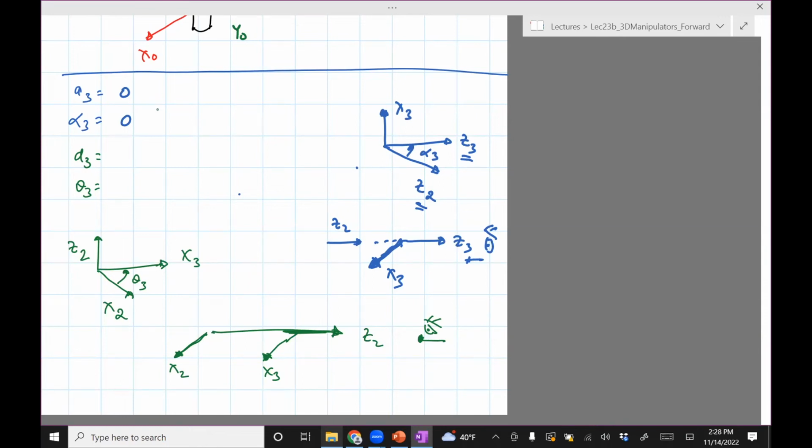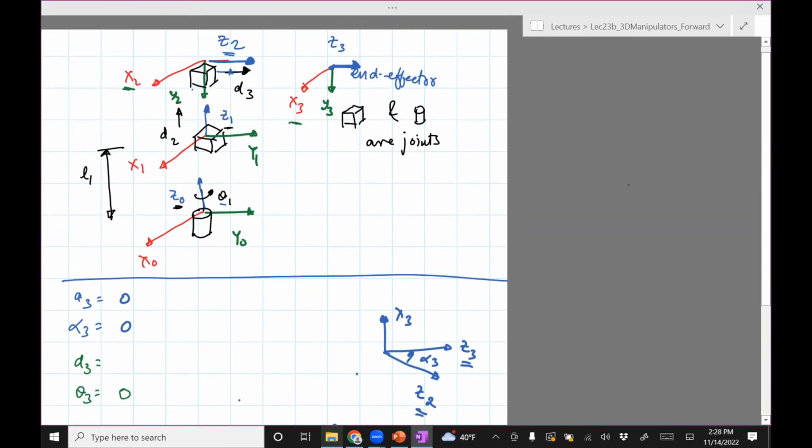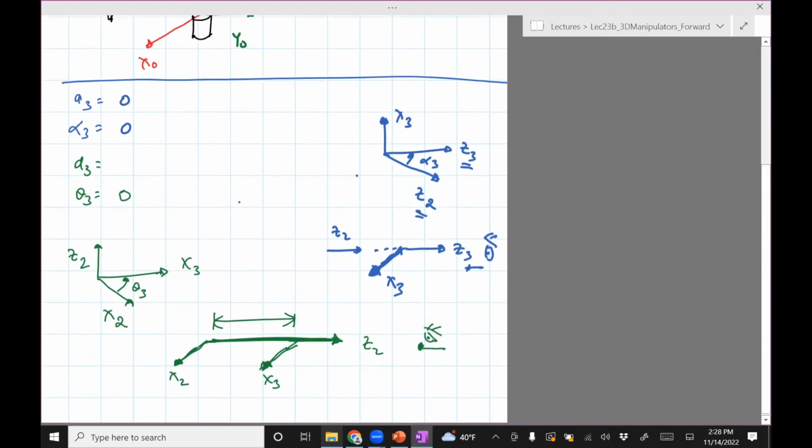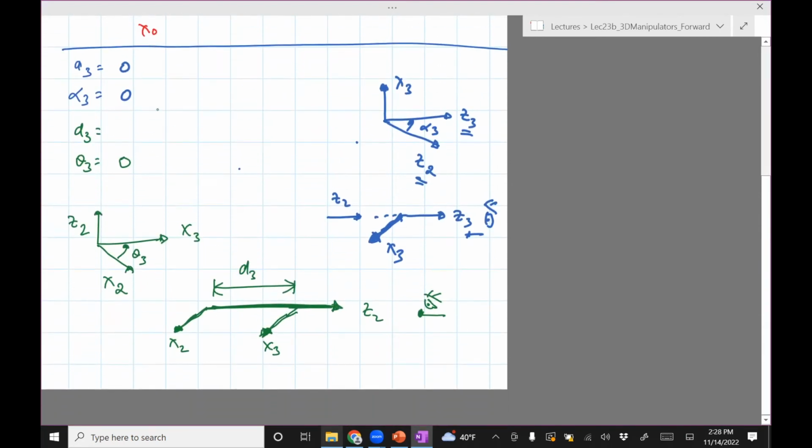So the angle between x2 and x3 is going to be 0. And then you need to compute the distance between x2 and x3 about z2. About this axis, you want the distance between x2 and x3, which is this distance. And that distance is nothing but d3. Okay, that completes the last line of the DH table. So I just put it all together in one place.